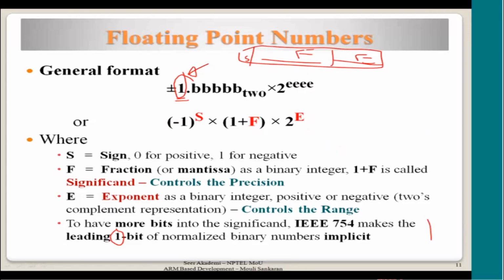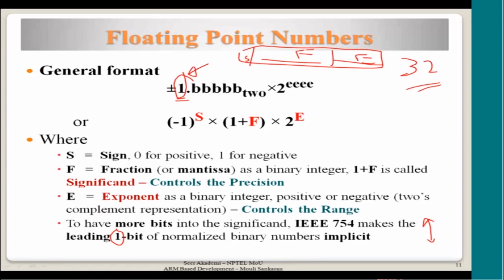So IEEE 754 has followed a convention that this 1 bit is not represented inside the floating point. That means we are not reserving a bit position for this. Please remember, inside a computer, every bit consumes power, consumes space, consumes energy.